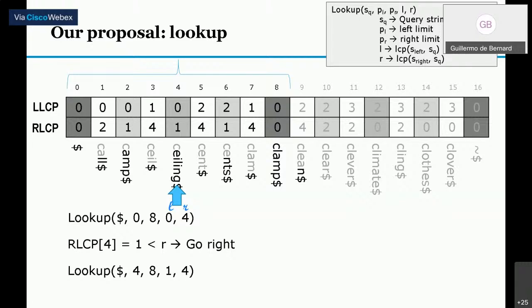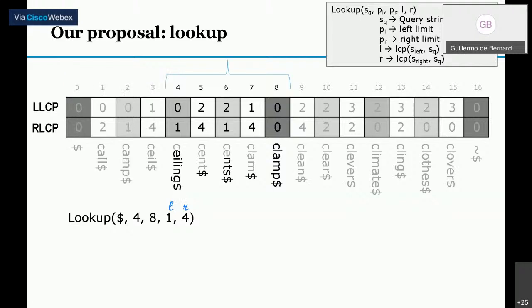In this case, RLCP at position 4 is 1, which is lower than R. This means that the string at position 4 has 1 character in common with the string at position 8, which is less than the similarity between the string at position 8 and the query string. So we immediately know that we have to go to the right half of this interval without actually checking the string.